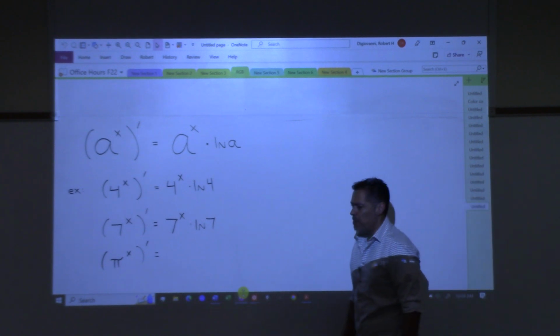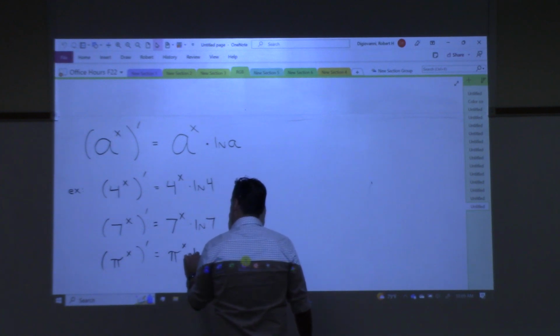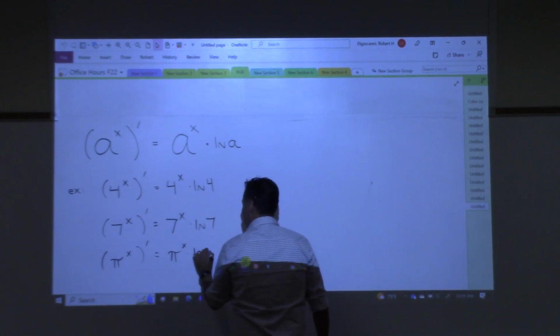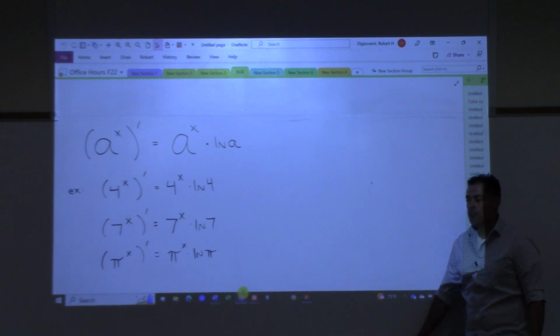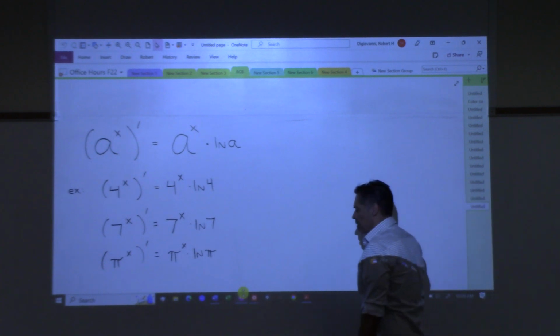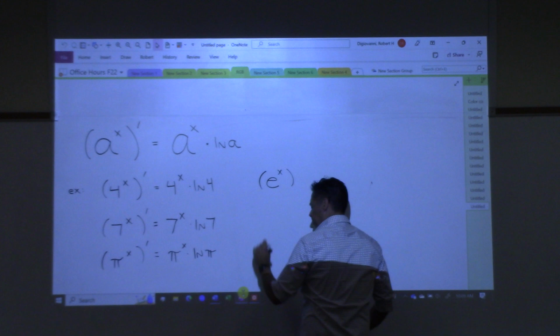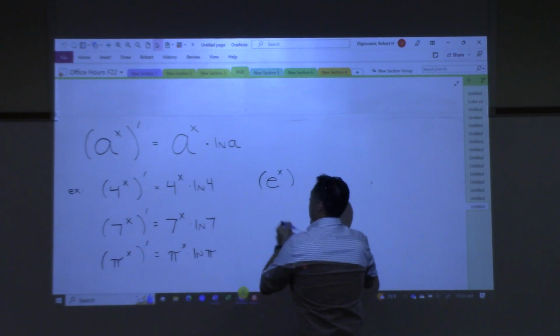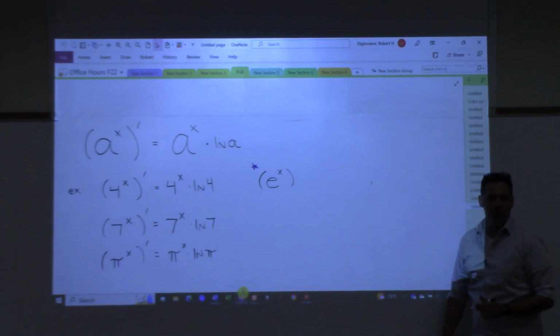So the answer here should be pi to the x times natural log of pi. And again, you could do natural log of pi on your calculator. Got it? Here's the interesting one. e to the x. This is the special one. Because according to the formula, this is what?